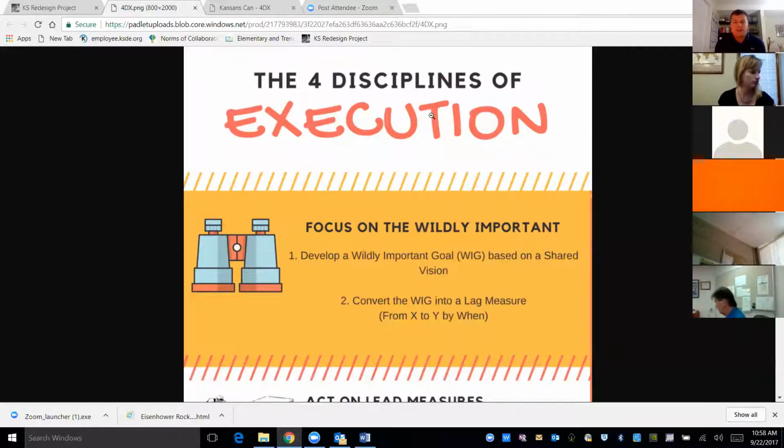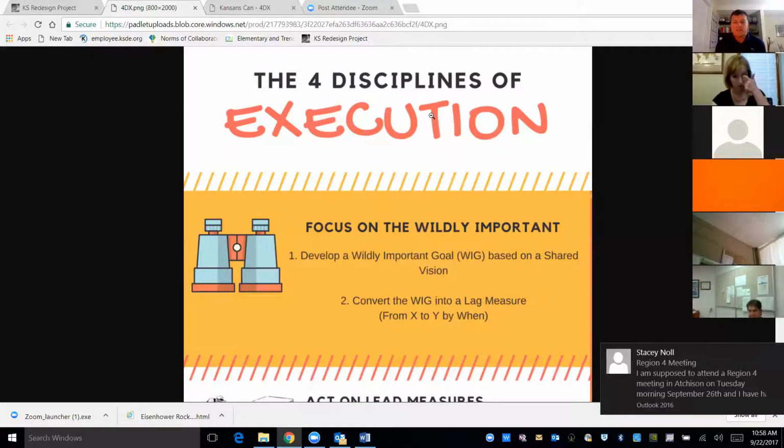What I like about the book is that in the very beginning, it talks about how it's light on strategy and heavy on execution. I think that's an important thing to think about in education, because it gets so busy.